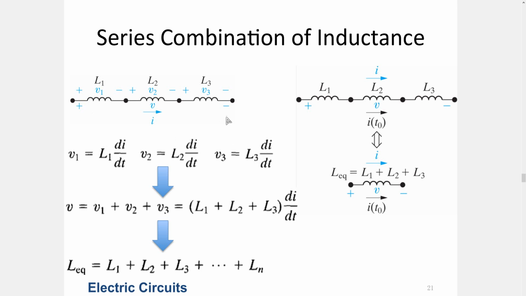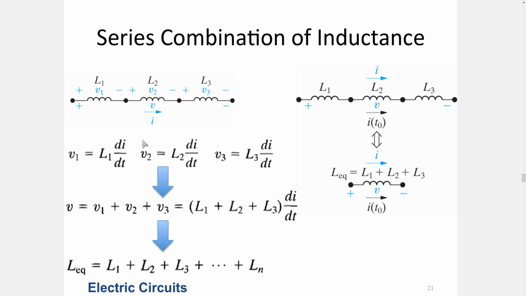The voltage across these 3 components will be the sum of voltages, as we can tell by KVL, Kirchhoff's voltage law. Since the reference directions are the same, they will be added together. So if we do the math, L1 plus L2 plus L3 times di/dt is obtained.